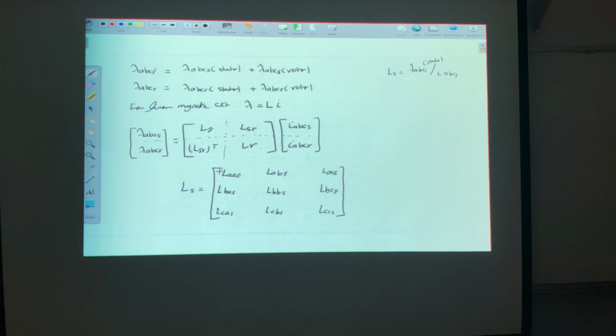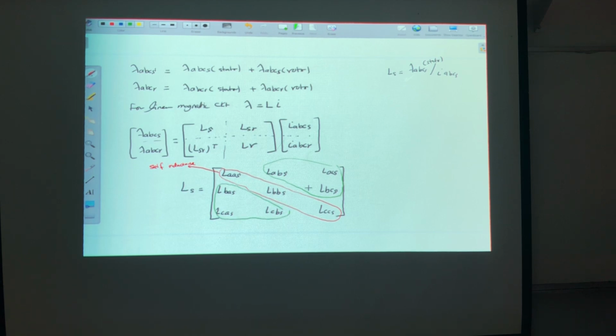Now those are what? The diagonal. Those are the self-inductance. Correct? So those are the self-inductance. So what about those? Mutual. The mutual inductance.